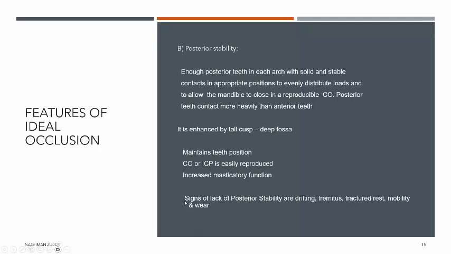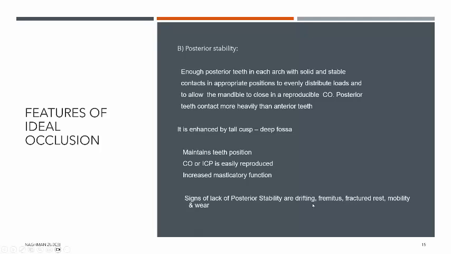In case there are signs of lack of posterior stability, what are we going to see? There will be drifting of the teeth, fremitus, fractured restorations, mobility of the teeth, and wear and tear of the occlusal surfaces and restorations. Fremitus is a situation when a person closes their jaws and teeth are in contact, and you push the teeth from the buccal side, feel it, and you can feel the movement.